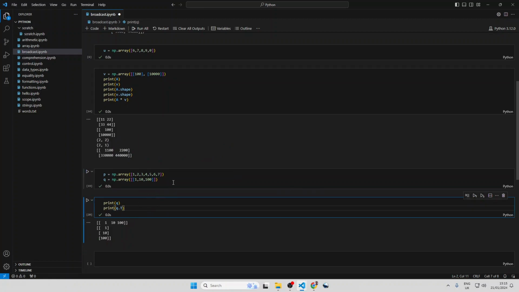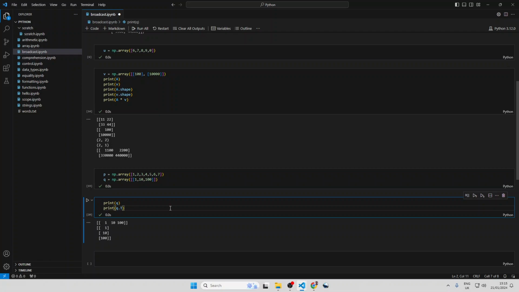For this transposing thing to work, I have to make my original Q not exactly a vector, but a matrix, a row matrix. So I have to put an extra pair of brackets.